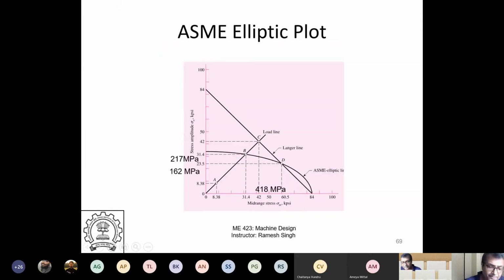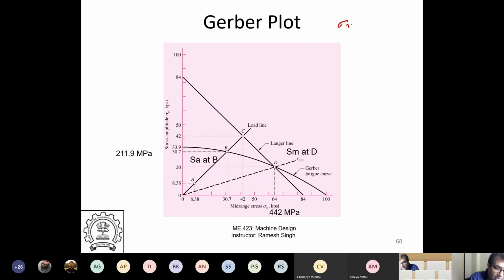Sigma max is equal to 70 times 4 divided by pi d square, and sigma min is 0 divided by pi d square. So sigma max I know, and sigma min will be 0.